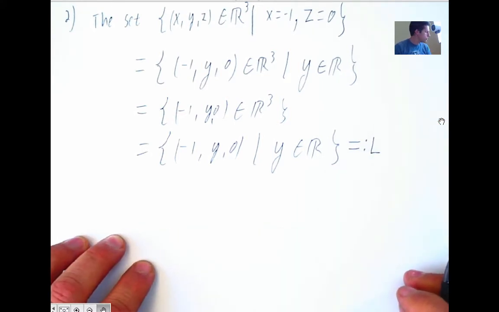and I am supposed to give a geometric description. So let me think about how I could say what the geometric description of this is.